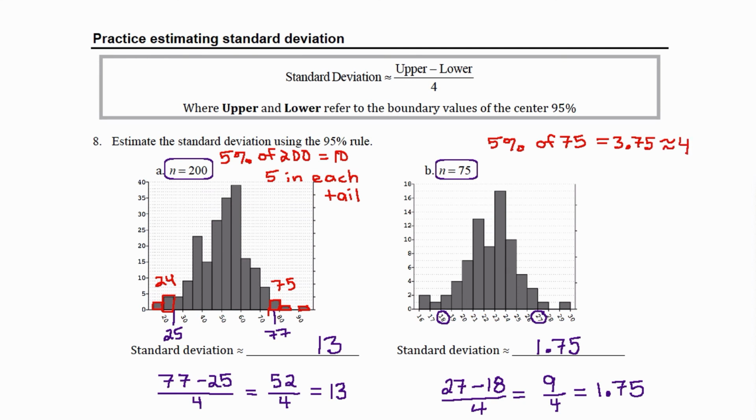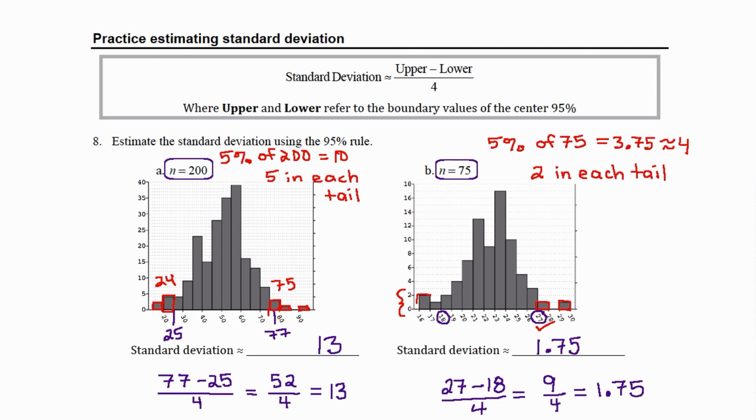So what we're looking for is approximately 2 values in each tail. And this bar right here is 1. Looking over here at the scale is how we can tell that. This bar right here is another 1, so that 27 looks pretty good.